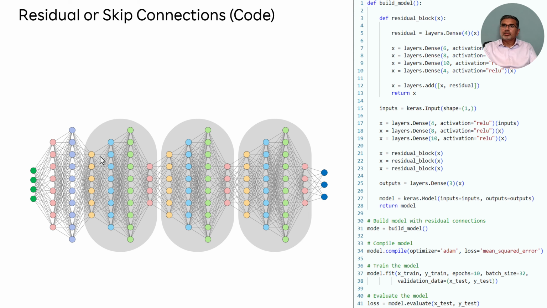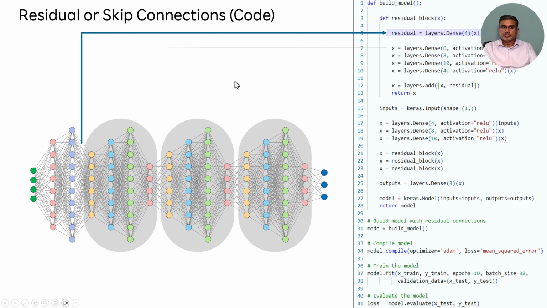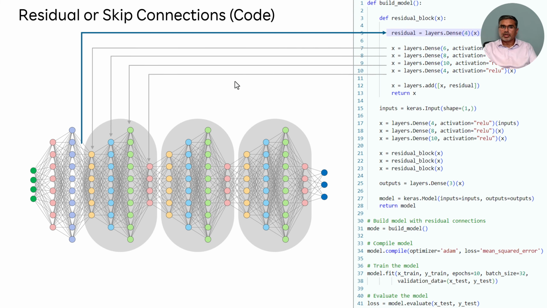Implementation is very simple. Again, you create a residual block as I showed you. This is your residual block. In the residual block, you figure out how many neurons are coming into the block. You save that. Then you create all these different layers in your block. The output of one goes to the input of the other, and so on. And then you take this residual and you add it here, right?